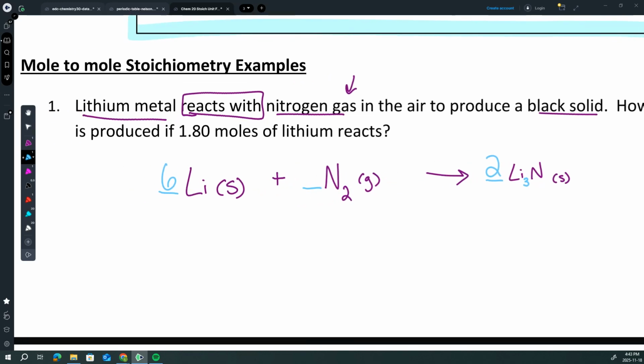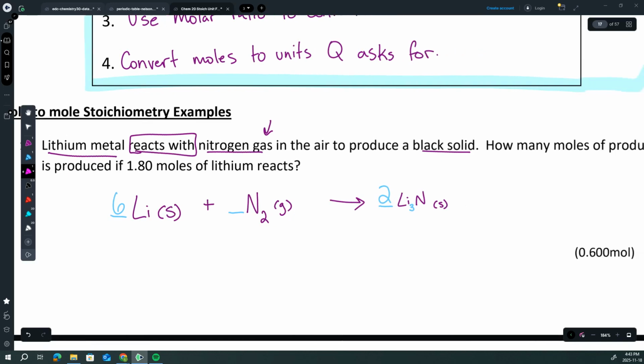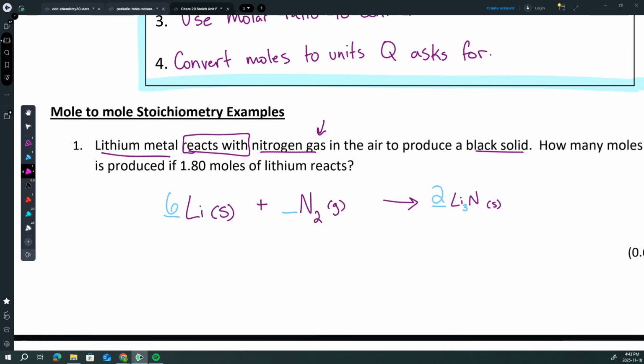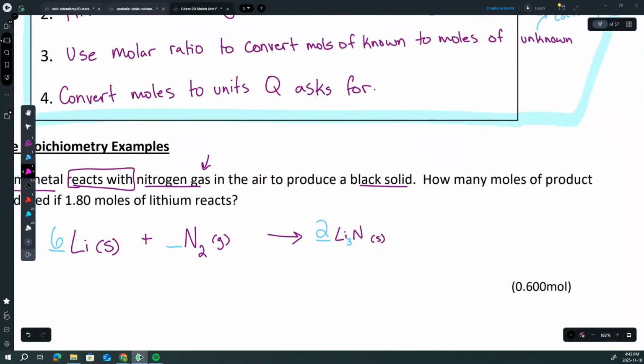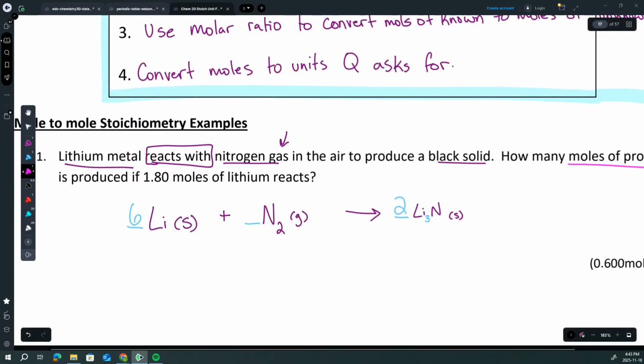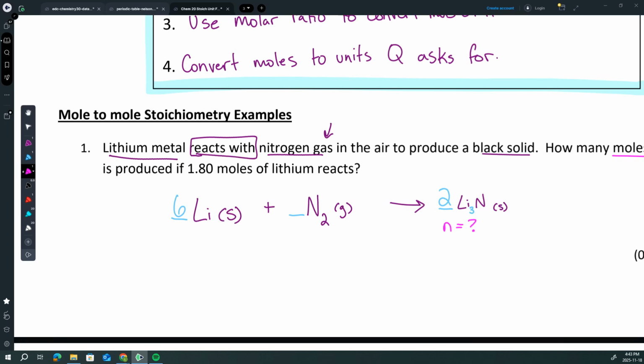Now sometimes what I like to do is arrange the information that's given to me in the question underneath the chemical species it applies to in the reaction equation. Looking at this last sentence here, it asks us how many moles of product, the symbol for our variable for moles is n, is equal to question mark, is produced if 1.80 moles of lithium reacts.